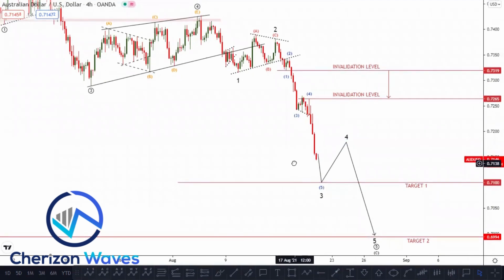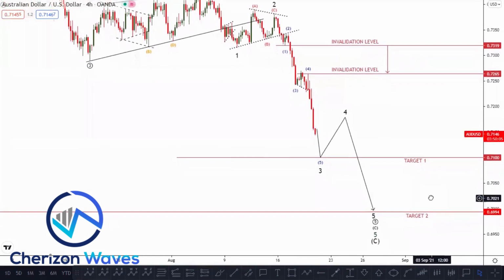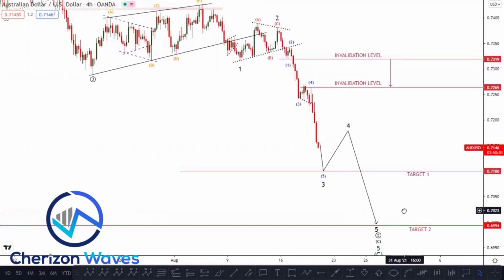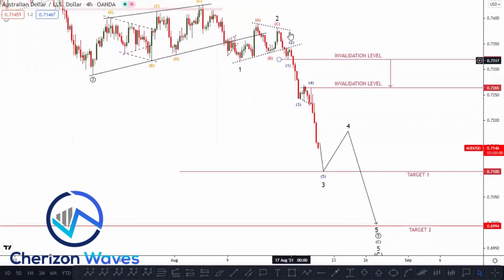What we're also looking at on this pair is the possibility of it touching this second target, which is the end of a major wave C. Therefore, to trade this pair, we'll be taking profits at the end of 3, waiting for wave 4, and then we can short again for wave 5.